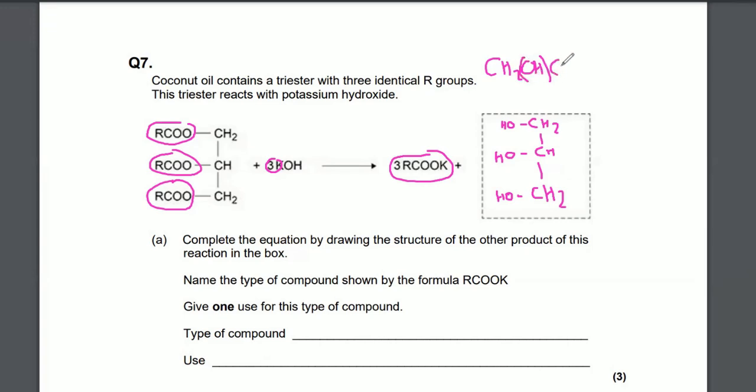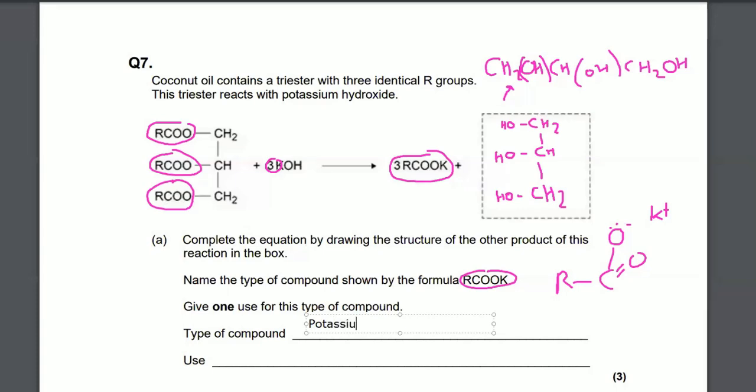In the next part of the question, we've got name the type of compound shown by the formula RCOOK. So you have to really look at what that is. That is some sort of carboxylate ion, and it's got a potassium, so potassium carboxylate, or we could just call it a potassium salt. You get these when you break up an ester with base hydrolysis.